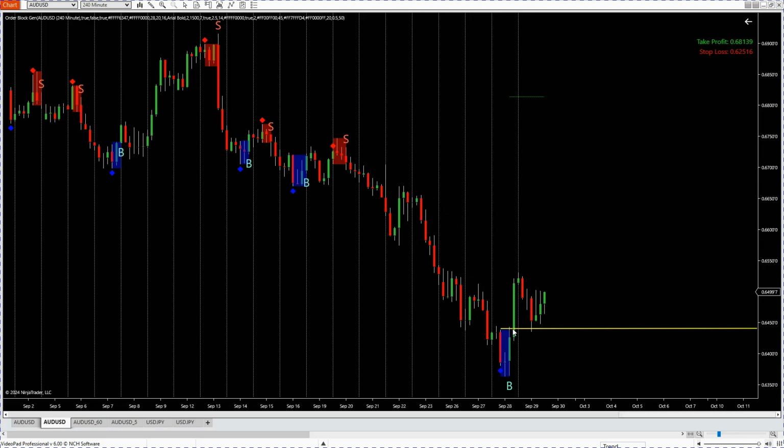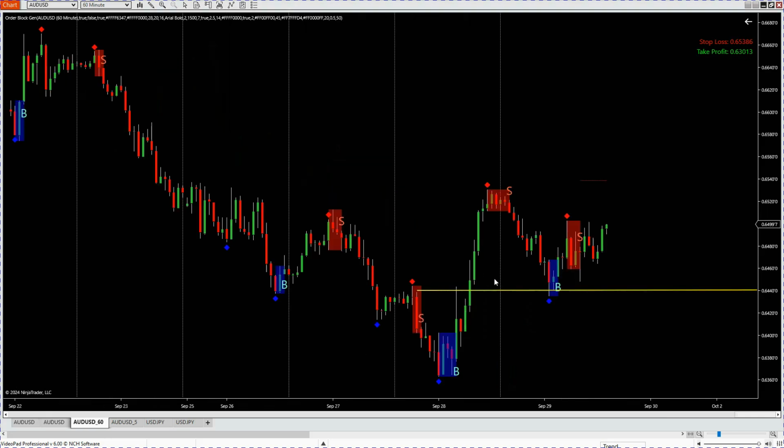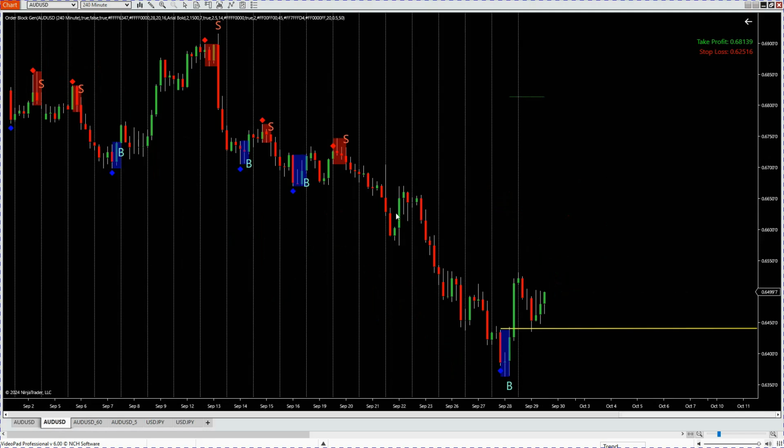On the move up here, we don't see any other blocks until we get down to the 1-hour, which we looked at here. When we come down to the 1-hour, you can see some additional bearish and bullish blocks on the move from here down.